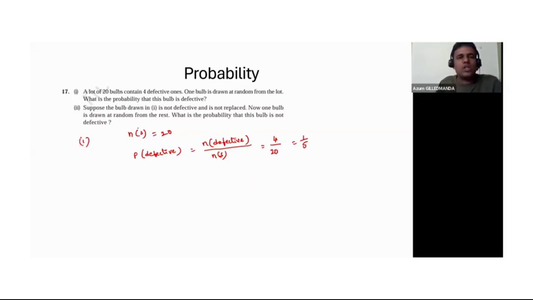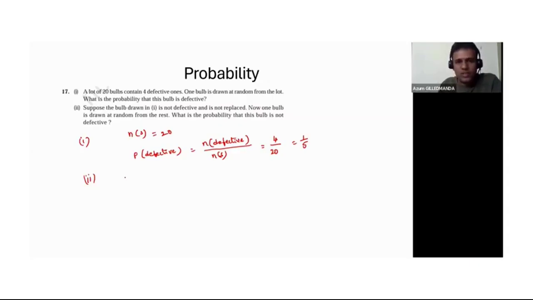The second one is, suppose the bulb drawn is not defective and is not replaced. So in the first problem, a bulb was drawn. The probability of drawing a defective is 1 by 5. Now, in the second scenario, that bulb was drawn and that bulb is not a defective. Okay.